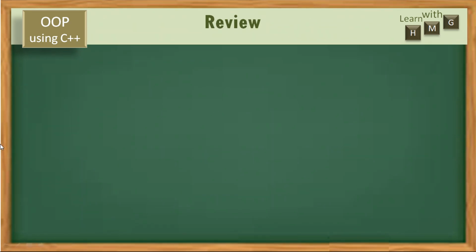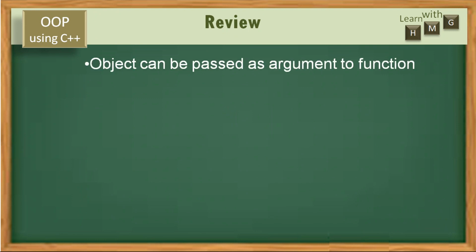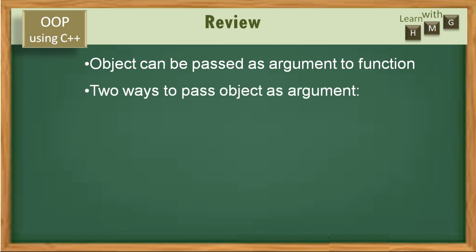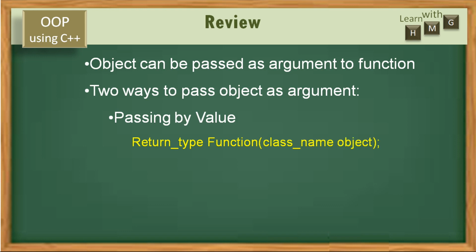Let us have a review of today's topic. Object can be passed as an argument to the function, just like variable, array, pointer, structure, etc. There are two ways to pass object as argument. The first is passing by value. In this case, you have to write the function like this: return type function, class name, object.